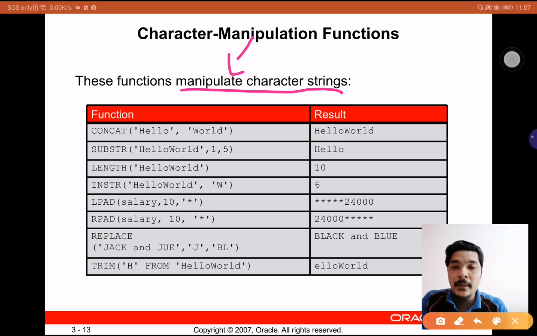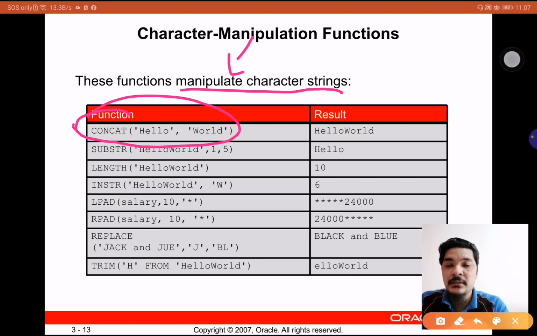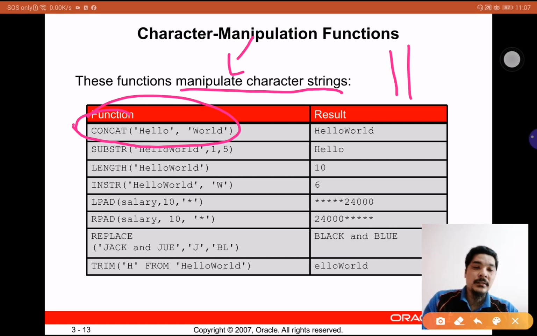So number one, we can use this function, we call it concat. What is concat? Concatenation, as in our previous face-to-face lesson, is represented by a vertical bar, something like this.